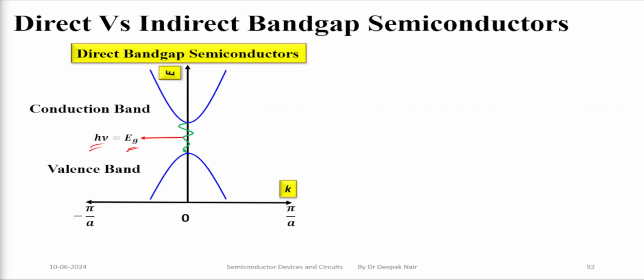So when the electrons release their energy, that energy will be equal to the band gap energy, which is equal to h nu.